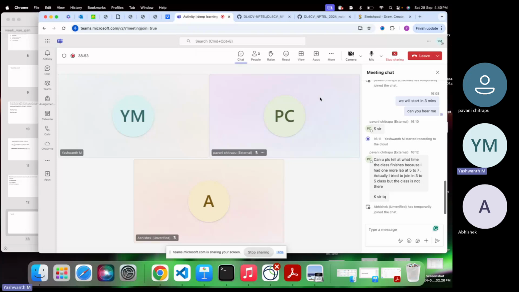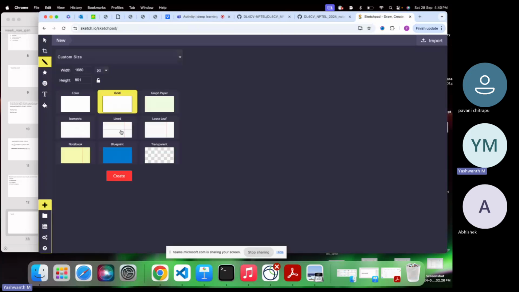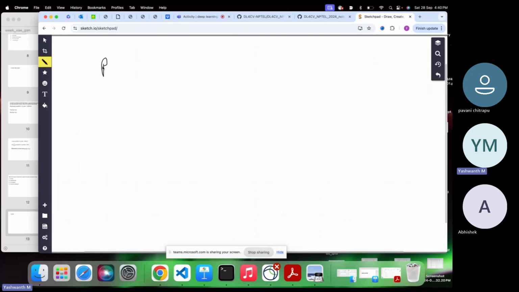Okay, so let's try to do the evidence lower bound derivation. Right. So P of xi we can write using Bayes rule, if you know, right? So what is Bayes rule?